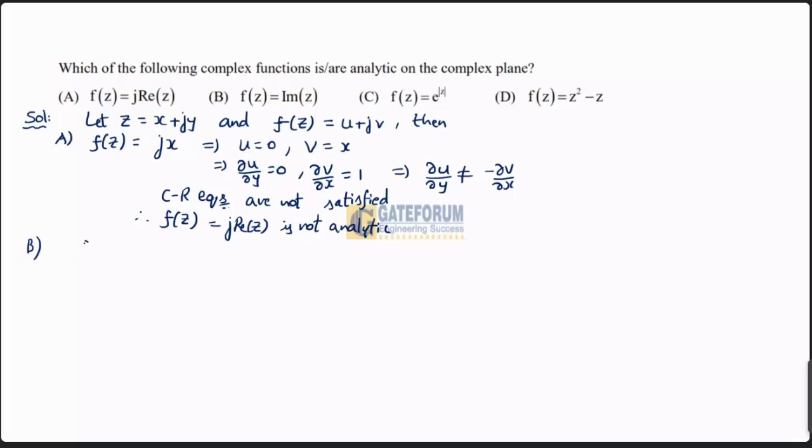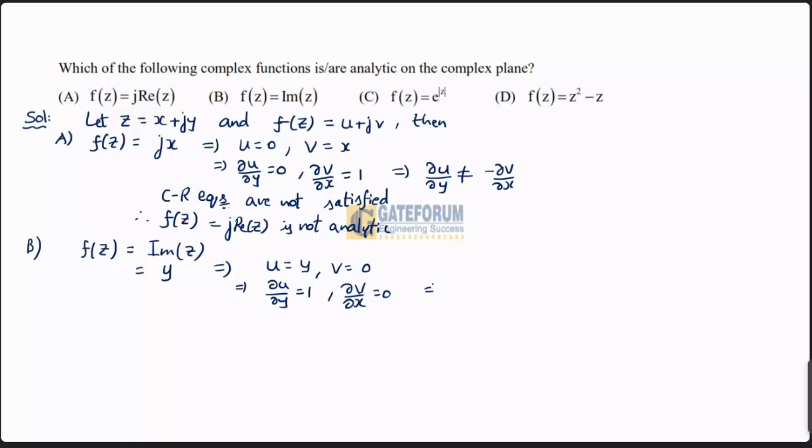Next, f of z is equal to imaginary z. Imaginary z means y. So from this, the real part u is equal to y, and the imaginary part v is equal to 0. So find dou u by dou y is 1, dou v by dou x is 0.